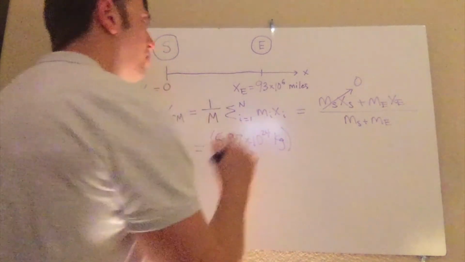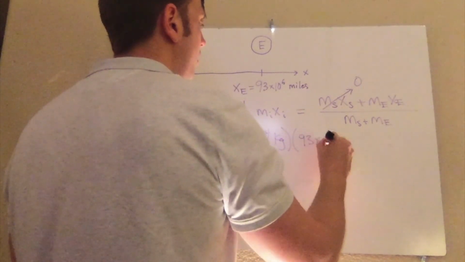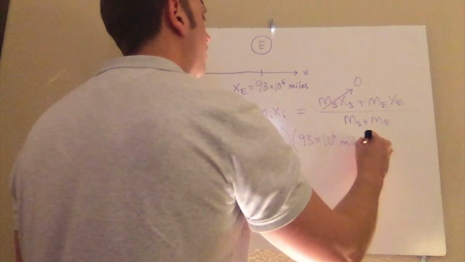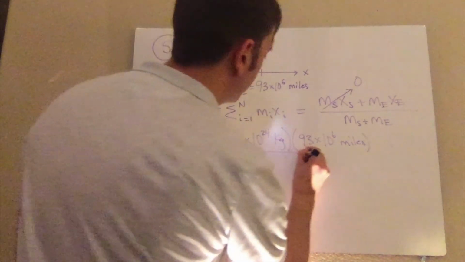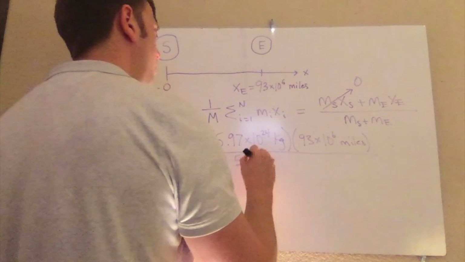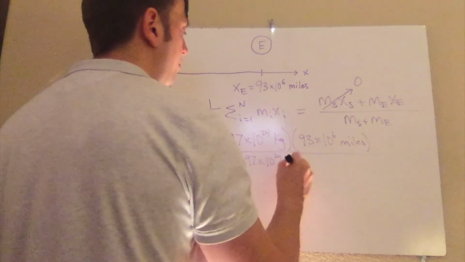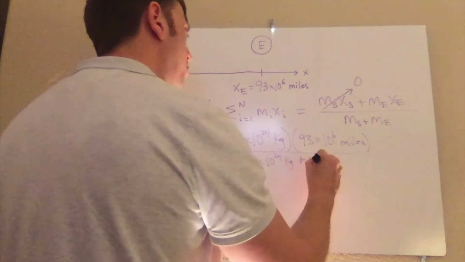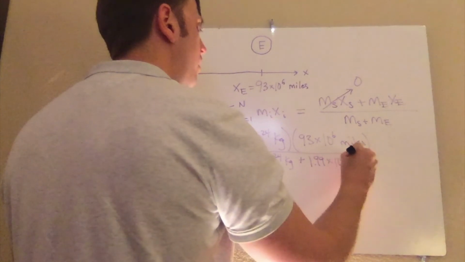Now we have to multiply that by 93 × 10^6 miles. And then finally, we have to divide that by the total mass of the Earth and the Sun together, which is 5.97 × 10^24 kilograms, add to that the mass of the Sun, which is 1.99 × 10^30 kilograms.